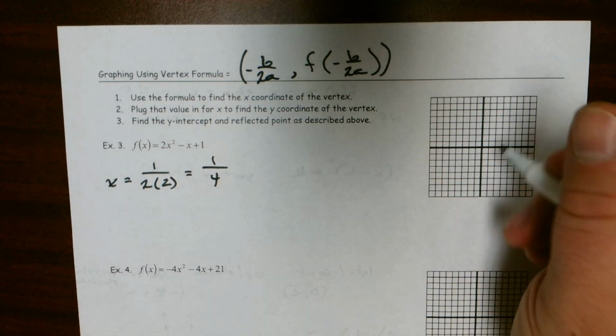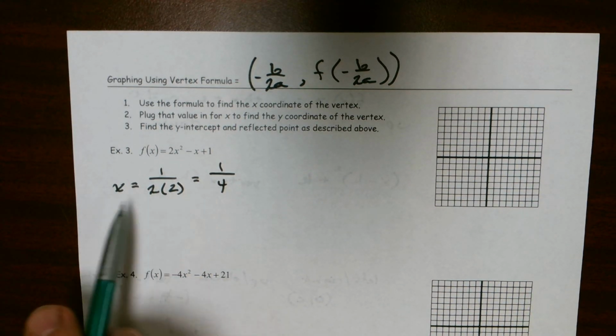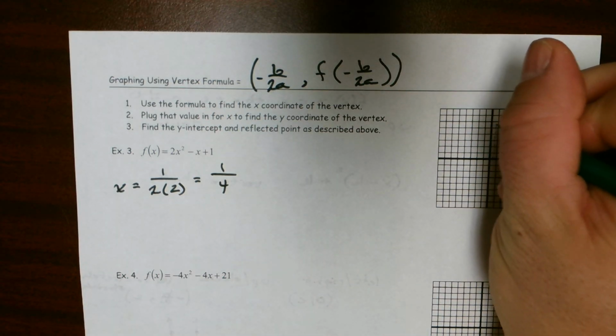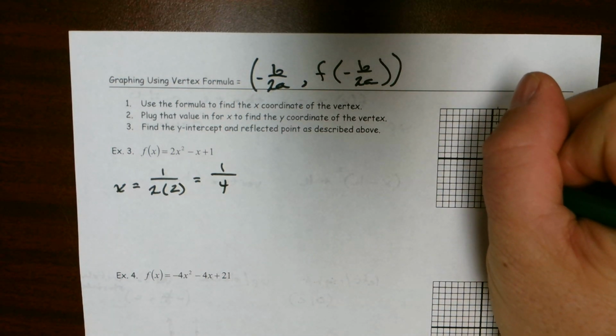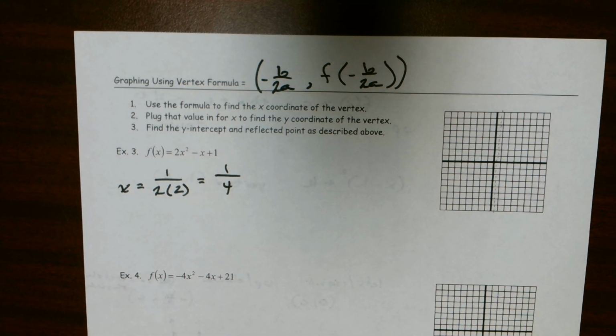Okay, so our vertex is going to lie somewhere on the axis of symmetry, which is the vertical line x equals 1/4. I'm drawing it really light, somewhere in here. It's very light, but you can see it.